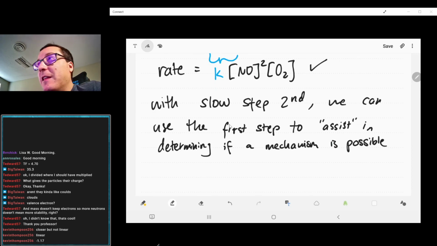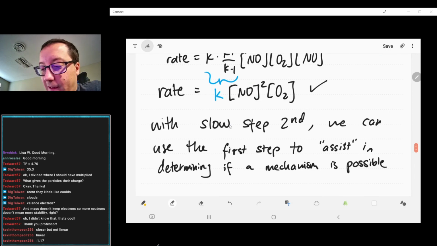So again, showing that we did get the rate law out for this particular mechanism is evidence that supports it. It does not, of course, prove that this is the mechanism. It's just evidence supporting that, so it could be a potential mechanism. Remember, this is an easier way to either cancel out a potential idea or to support one. In this case, we're supporting one.